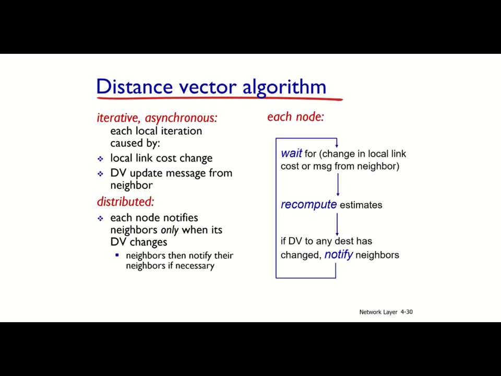The message obviously contains the distance vector of the neighbor, and that can trigger the recomputation process so that it can re-estimate all the distances from all other nodes to itself, and then if the distance vector to any destination has changed, it notifies all neighbors so that the news of changing its distance vector can be advertised throughout the network.